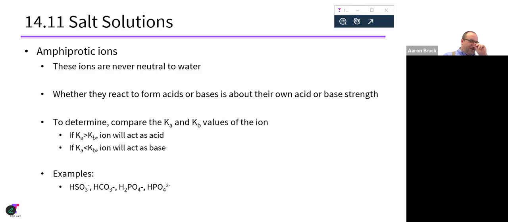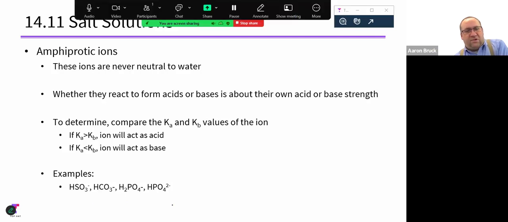The wild cards in these evaluations are the amphiprotic ions. Now, if you remember from our definition on Friday, amphiprotic means that it can act as an acid or as a base. So common examples of these are the in-between ions of polyprotic acids.